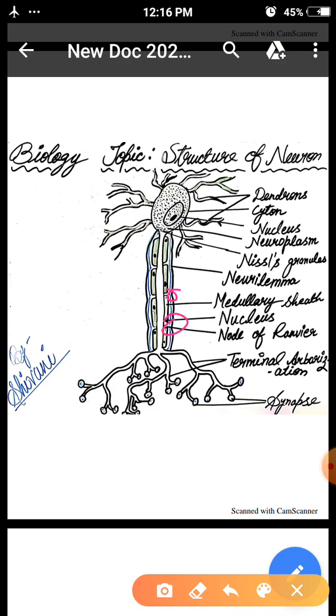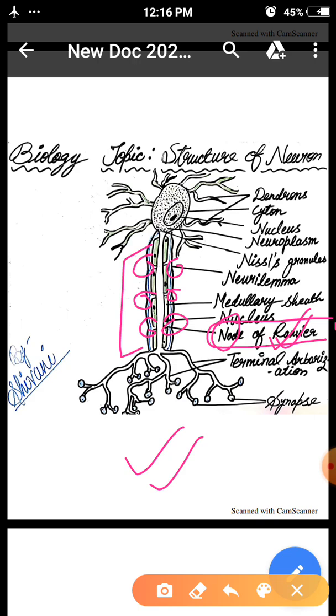These nodes are present where the attachment part is going to start. These are nodes of Ranvier. And why are they called nodes of Ranvier? The person named Ranvier discovered and worked on these nodes. He studied these nodes, so he named them after himself. So this is the node of Ranvier.